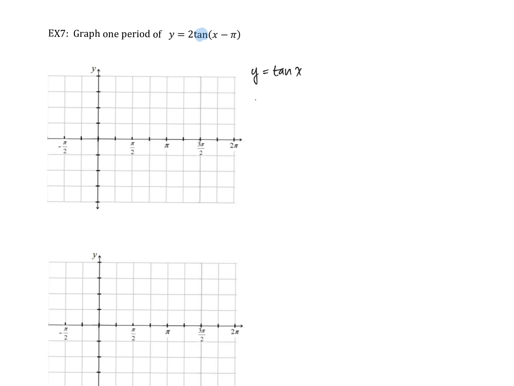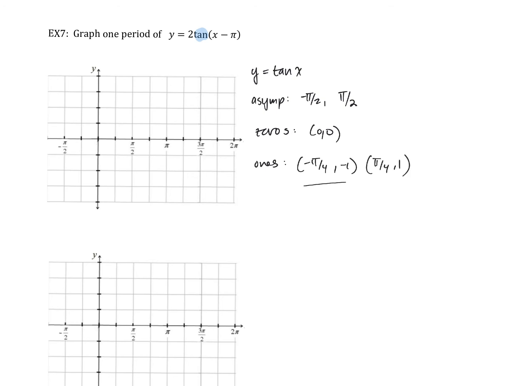So the things we know, the asymptotes are going to be at negative pi over 2 and pi over 2. Once again, you can graph different periods, but the one I usually graph is between negative pi over 2 and pi over 2. Then the zeros that we have are at 0, 0. And what do we know? Well, the ones we had at negative pi over 4, negative 1, and pi over 4, 1.